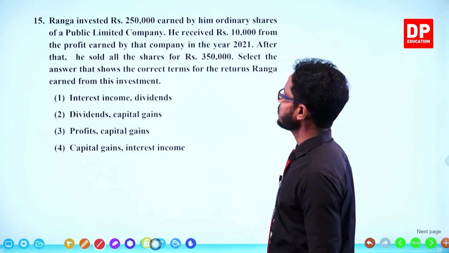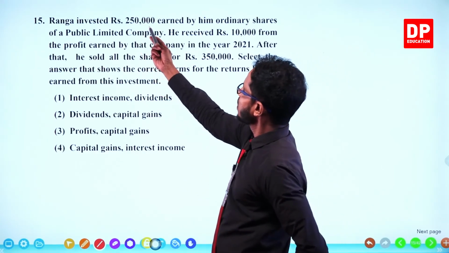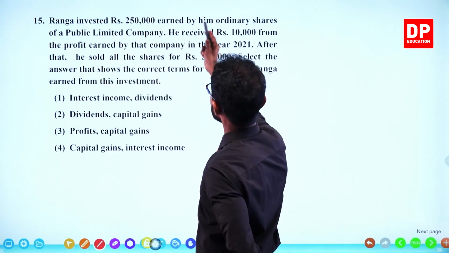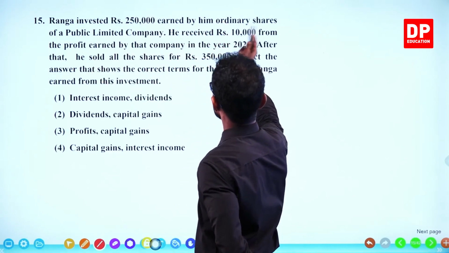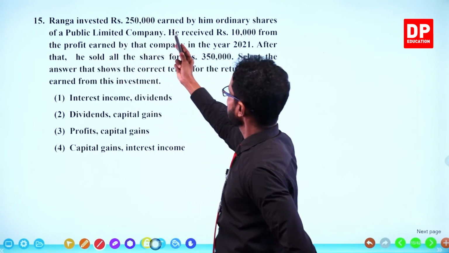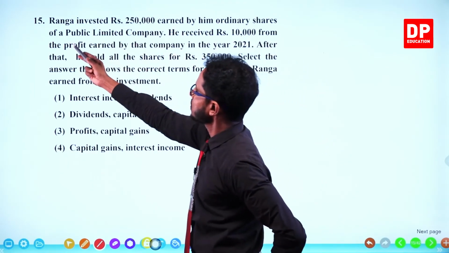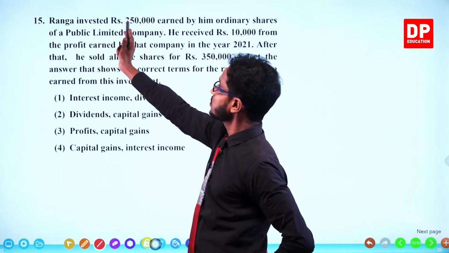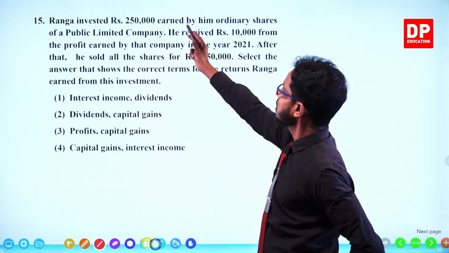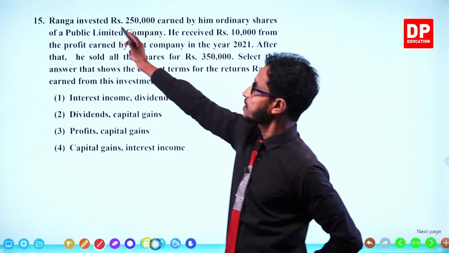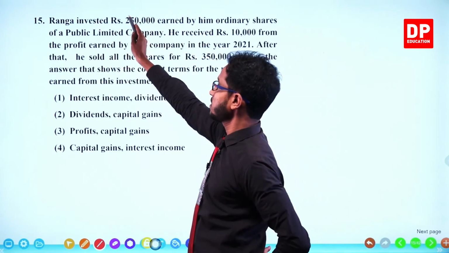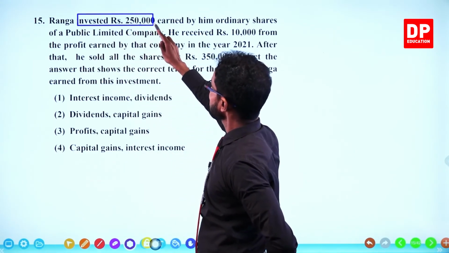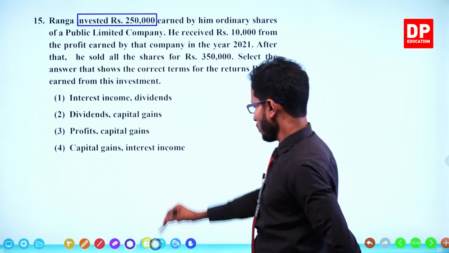Ranga invested 250,000, earned by him, in ordinary shares of a public limited company. He received 10,000 from the profit earned by that company.